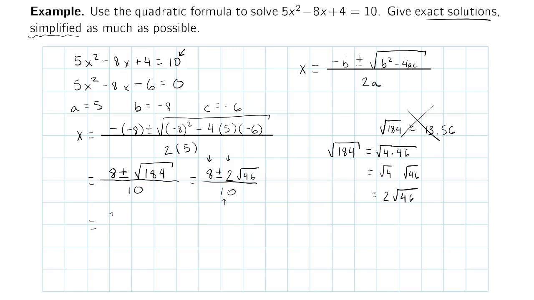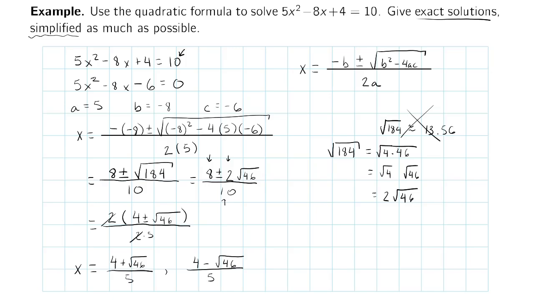So I can say that this is going to be 2 times 4 plus or minus root 46 over 2 times 5. Cancel out the 2's. And I'm left with, my solutions are x is 4 plus root 46 all over 5, and 4 minus root 46 all over 5.